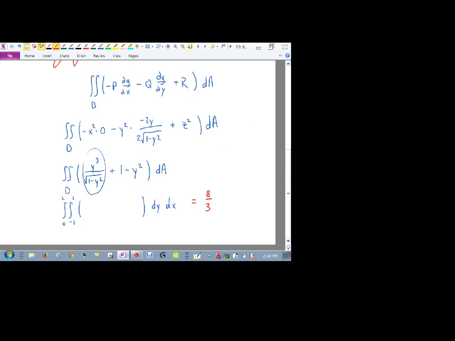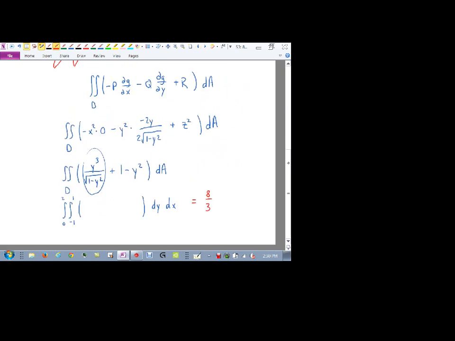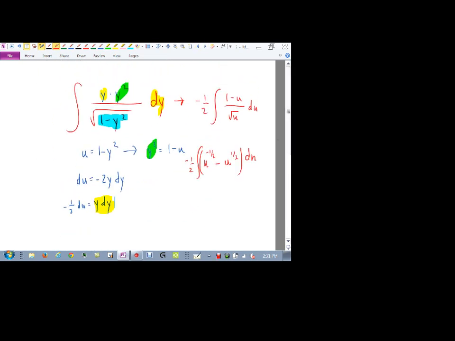So final answer is 2 pi plus 8/3. I don't have room for it. I'll throw it right here.